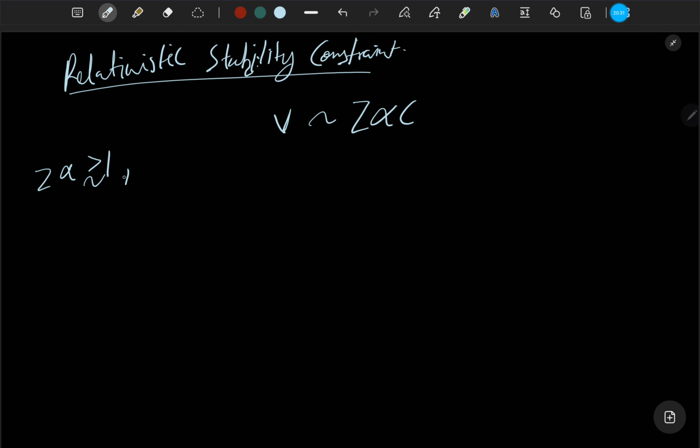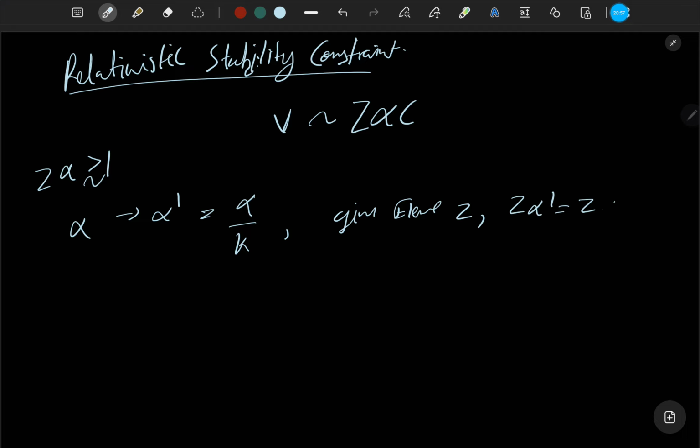And if alpha approaches alpha dash, which is alpha by k, then for a given element, the effective parameter becomes z alpha by k, so if k is small enough, even a moderate z can push z alpha toward 1.